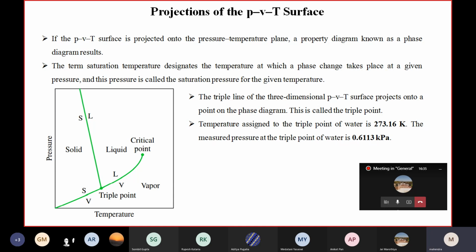Then you give heat, and slowly the ice changes to liquid, then the liquid changes to steam, while you maintain atmospheric pressure.